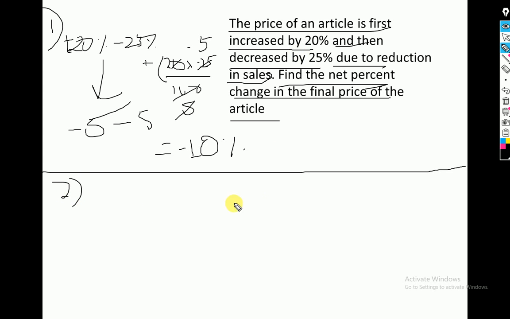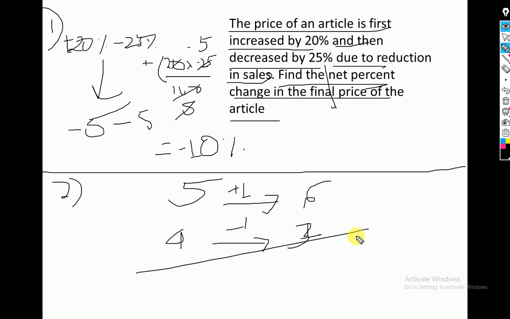20% increment, so from 5 to 6, and the decrease by 25%. 25% means 1 by 4, so from 4 to 3, sorry, so you can cancel over here.